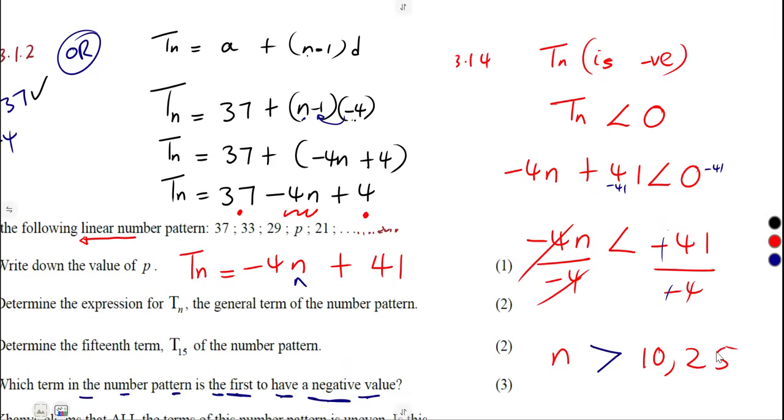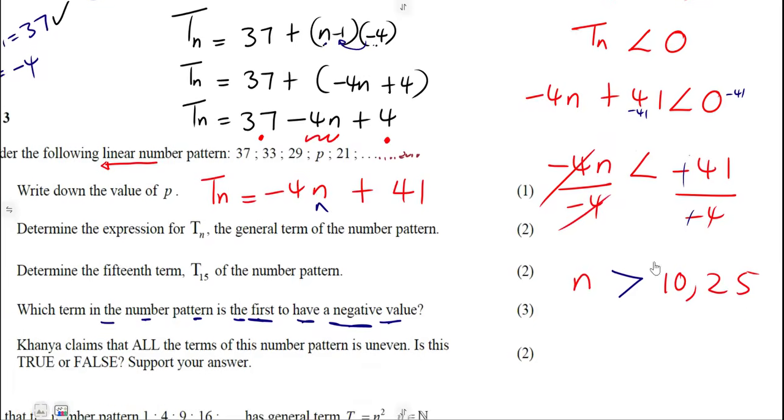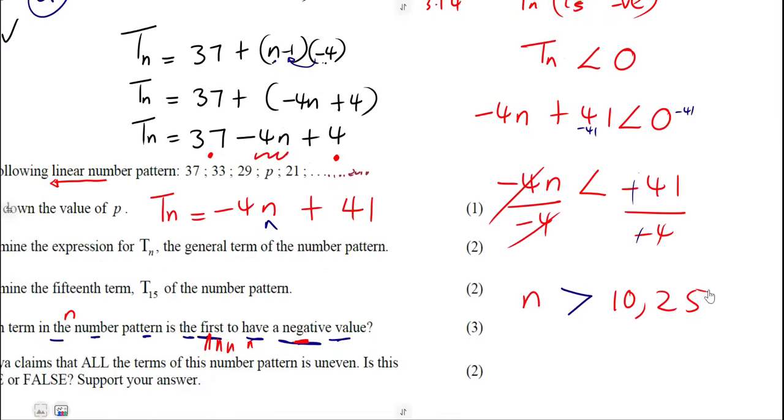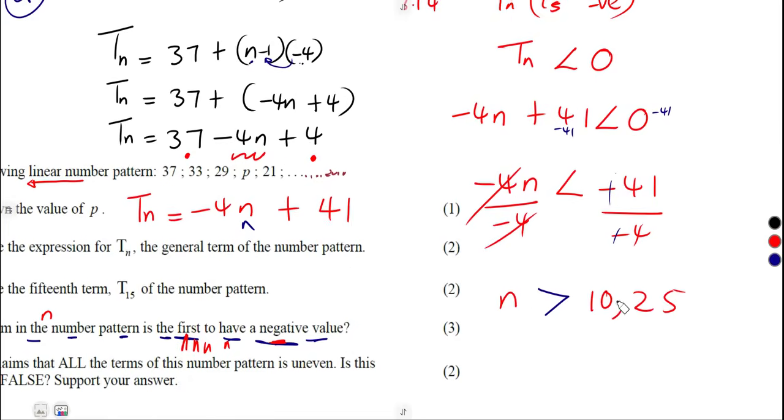Let's get to the answer now. The question was, what is the n value that we are talking about? Remember, n is the number of terms. For the condition that we are going to have the first negative value, we need the value that is greater than 10,25.